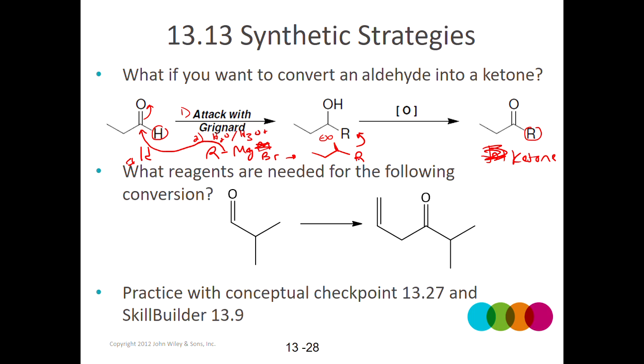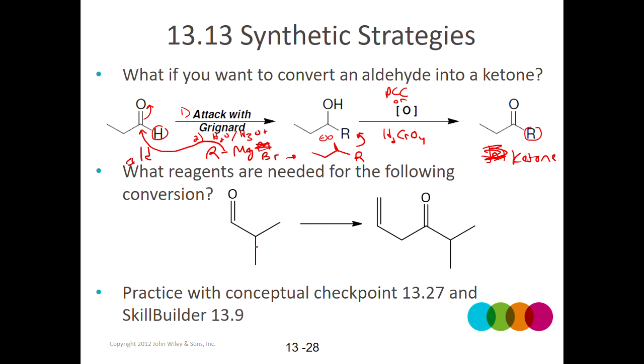So that introduces the R group, makes a new carbon-carbon bond, extends the complexity of my molecule. Once I have a secondary alcohol, though, I can add PCC or chromic acid. Either of those reagents will oxidize the secondary alcohol to a ketone.